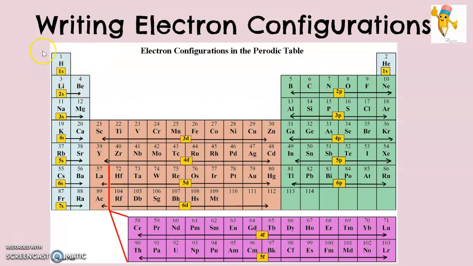Well, if we start over here and make our way through, hydrogen is 1s1 because it's in the first period. It's in the S block and it's the first element. Helium is 1s2, okay, because it's in period 1, S block, second element. Now, because we have to continue with helium, our first code is going to be 1s2, okay, because we go through the first period. So 1s2.